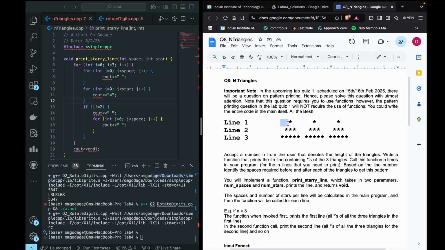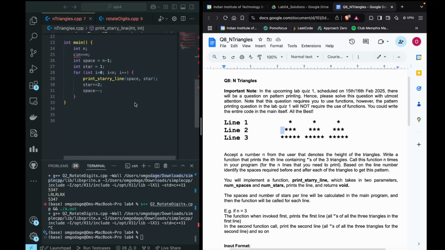So n minus 1 spaces on the first line. Then over here you have just one space. So the spaces are getting reduced by 1, and the number of stars are getting incremented by 2. So this should give you an idea of how you would write the main program.